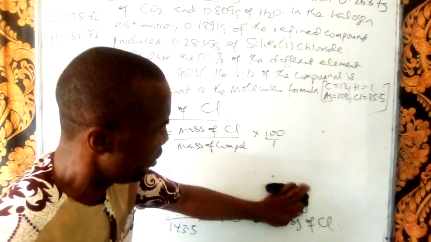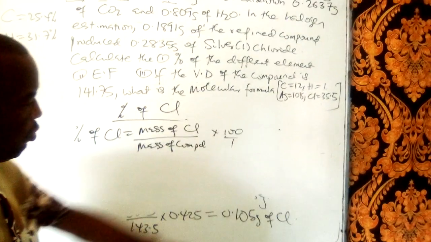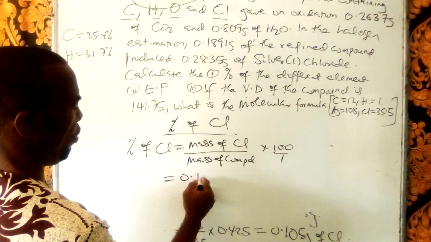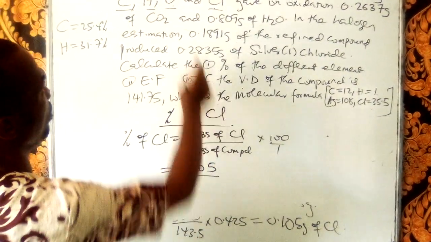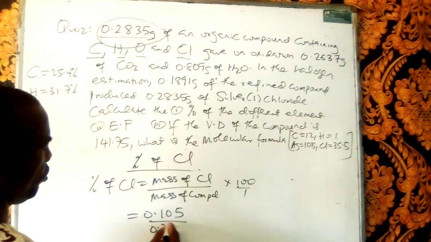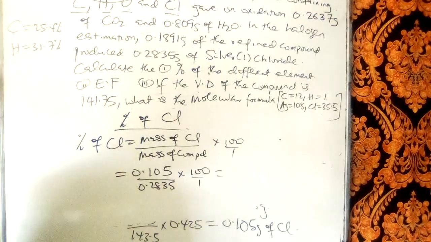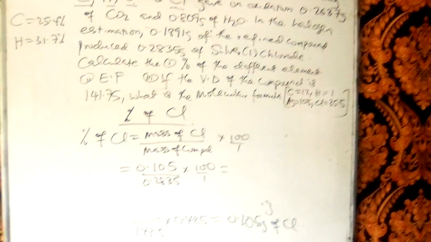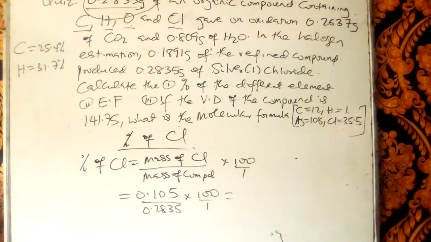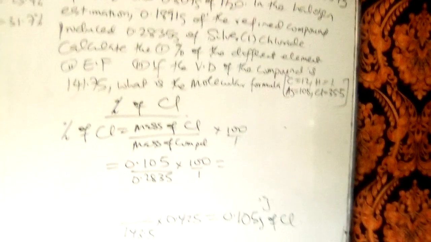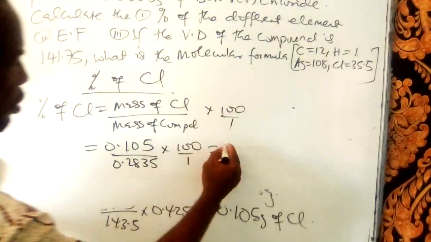So the mass of chlorine we estimated is 0.105. The mass of the compound is 0.2835 times 100 over 1. Solving it, the calculator will give us 37.0% of chlorine.